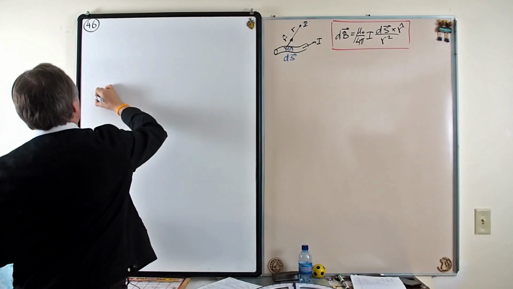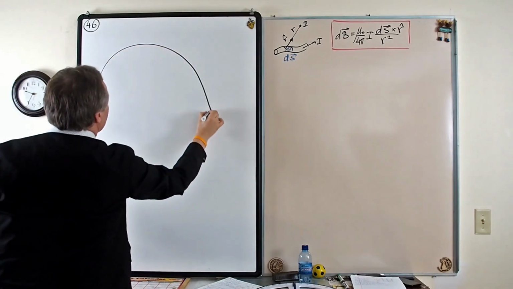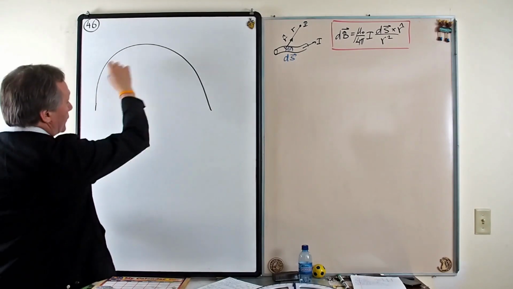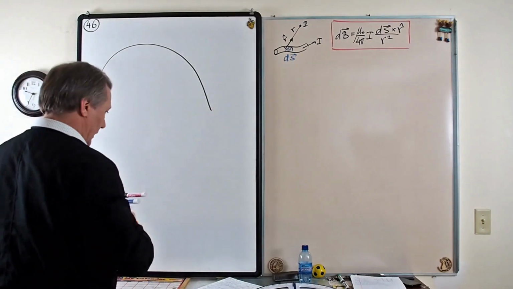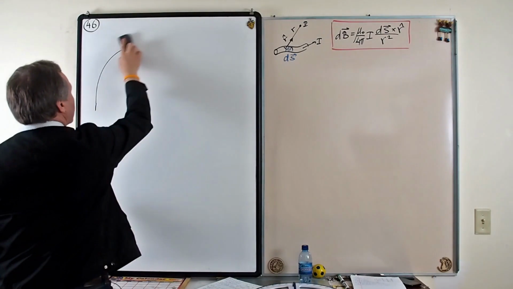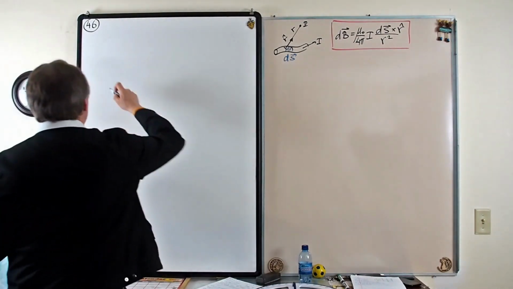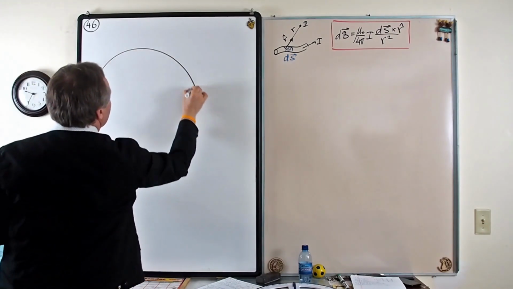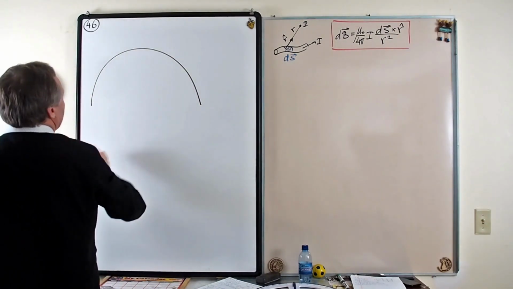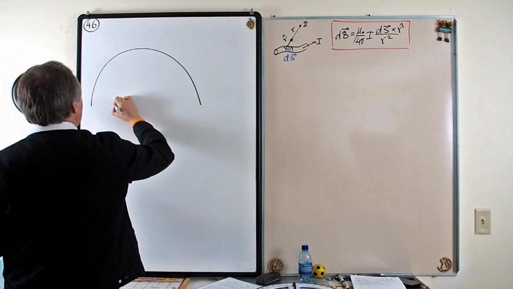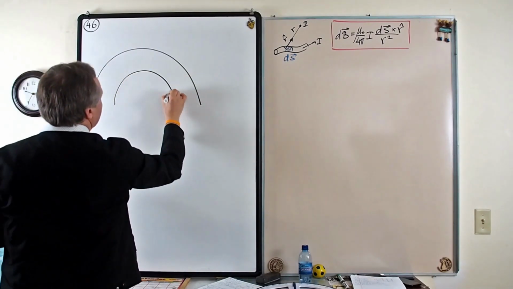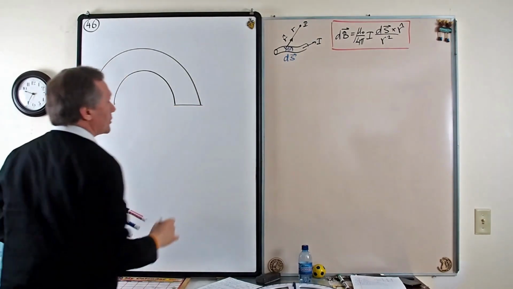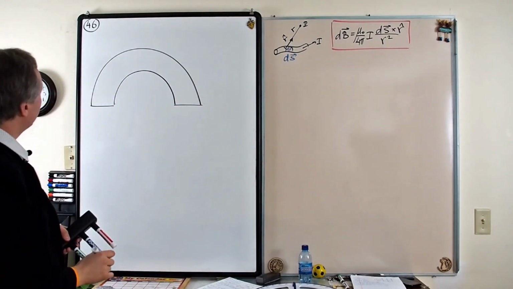There will be a first semicircle. Then there will be an internal semicircle. And then we connect them with these small straight sections.